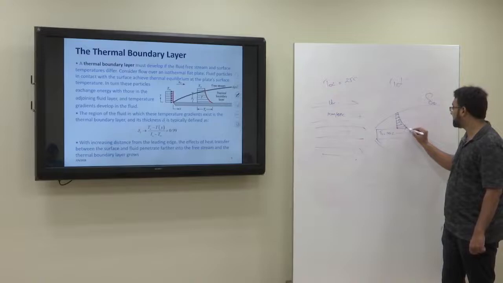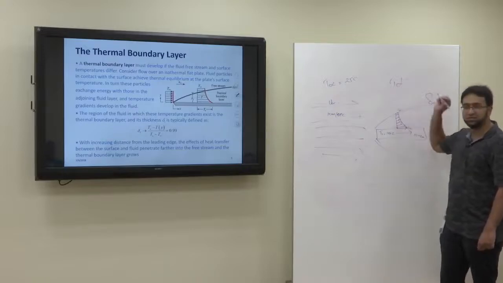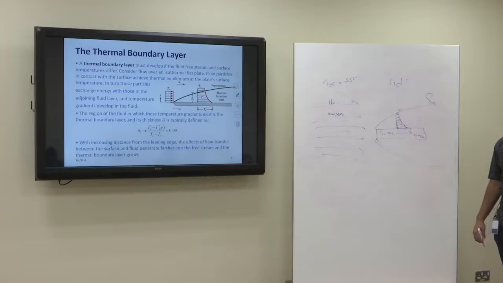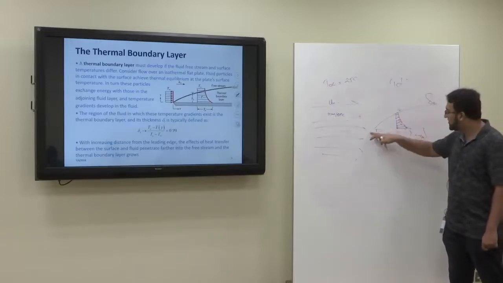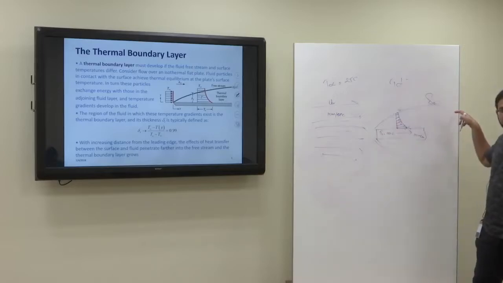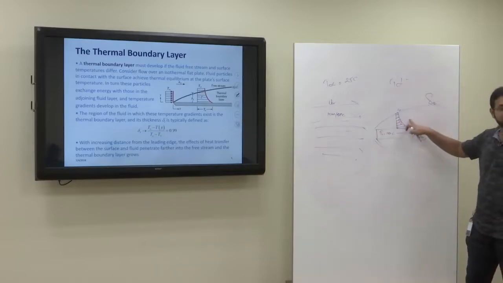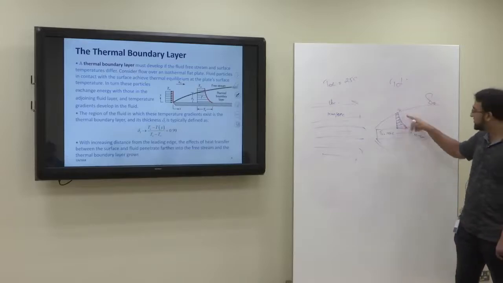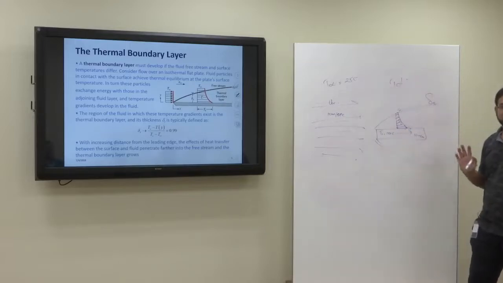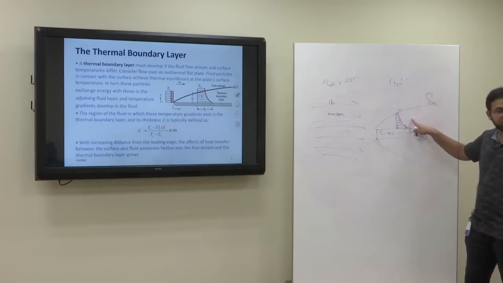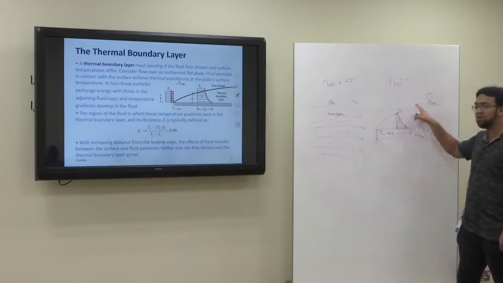It starts from T surface to T infinity. Is it clear? That's the temperature profile within the thermal boundary layer. That's how the temperature is varying. This is the region where the temperature gradient is there. Outside, no temperature gradient.